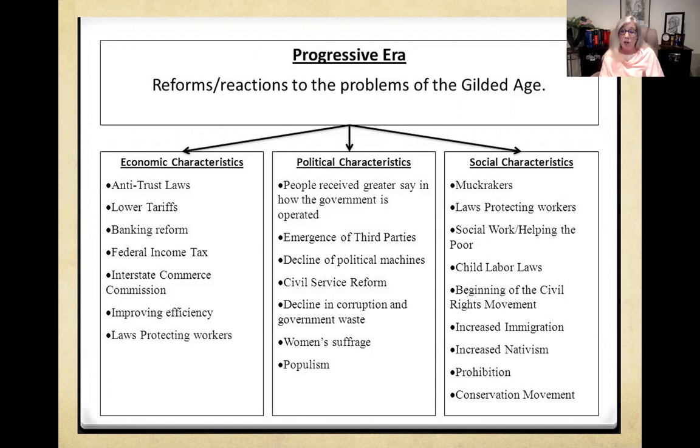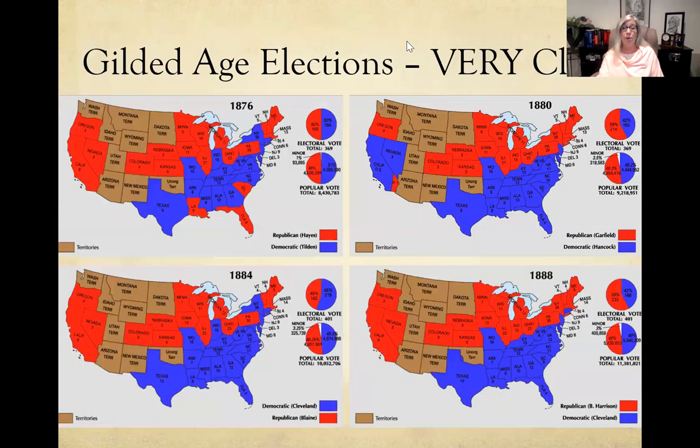Socially, we've already talked about the muckrakers, child labor laws come out of this. Prohibition is going to also be passed, conservation. And then economically, we'll definitely start dealing with some of those big business era concerns and put some regulations on these big companies like have never been in place before.